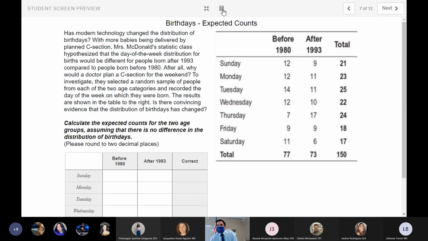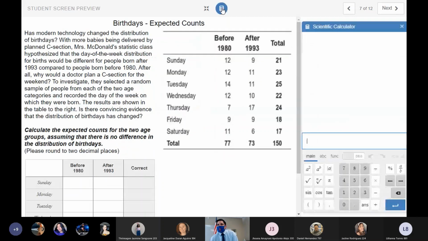Please note you do have access to a calculator right here at the top of your screen. All right. And for example, I will show you the proper calculation for the first entry on the table here. It's based on the first entry of the observed counts, which has a row total of 21 times a column total of 77 divided by the table total of 150.